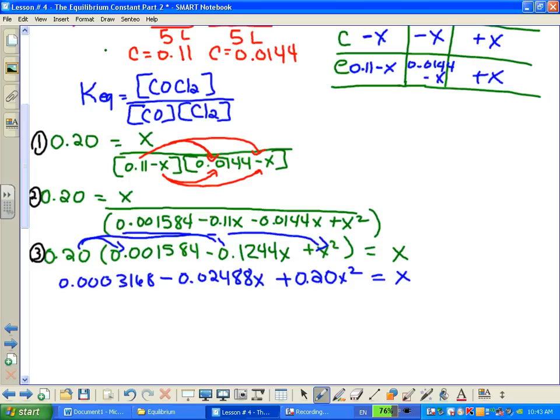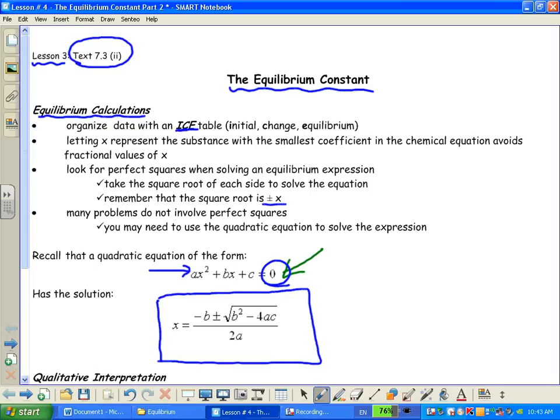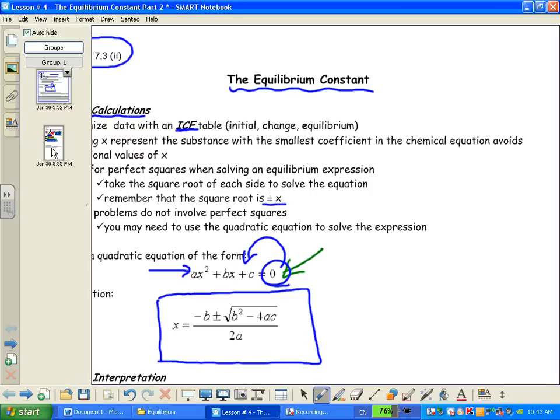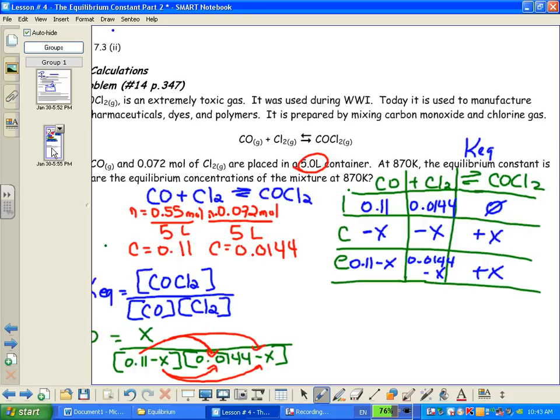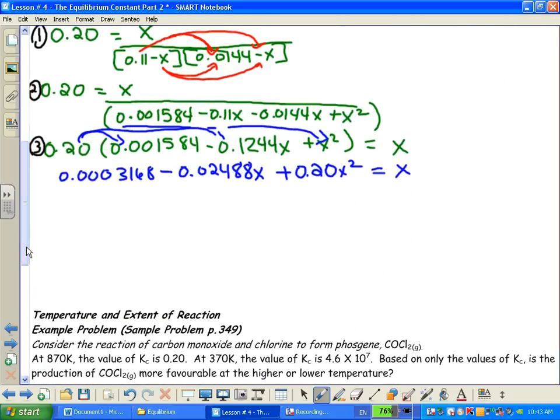So now, at this point, we want to bring the x to the other side. Okay, so you always want to make it equal to 0, right? Just like we did over here. So the value has to be equal to 0, so we need to bring that x over to the other side. So let's bring x over to the other side, and we end up with 0.000318.